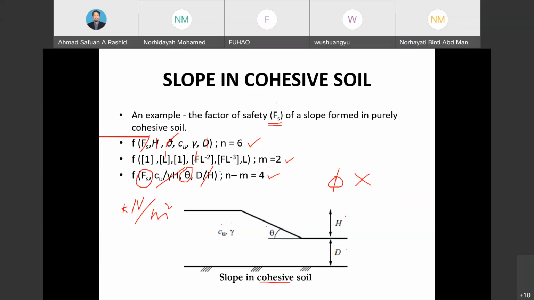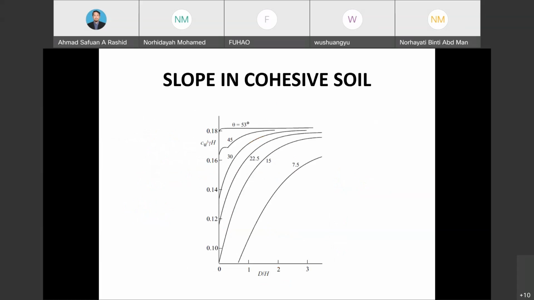So what is the benefit of this equation? Taylor has come up with this chart in order to gain the stability number. The stability number could be used to check the stability of a slope which is less than 53 degrees.